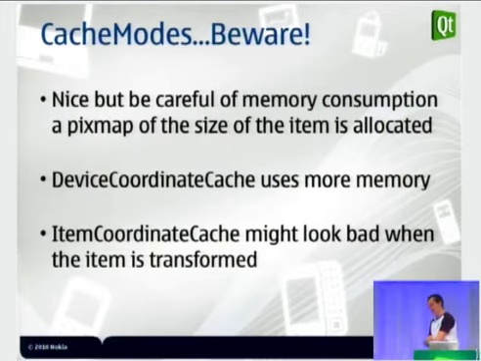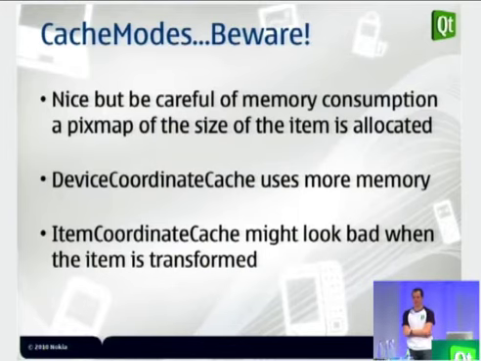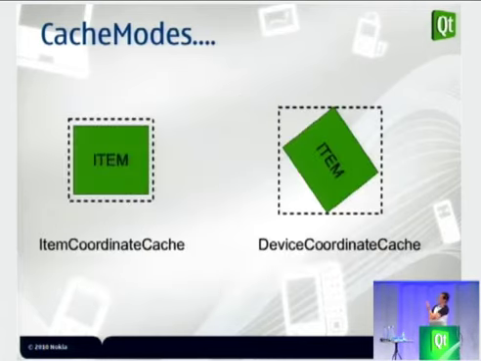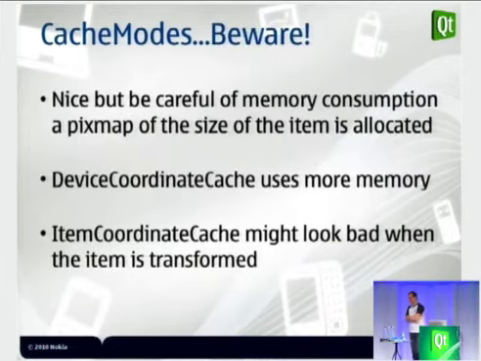Device coordinate cache always uses more memory, because as you can see here, the actual pixmap that we put in the cache is bigger, the dotted lines. So when the item is untransformed, you'd better use item coordinate cache. Otherwise the pixmap at the end will be the same, but the code to get there is a bit different and more complex.